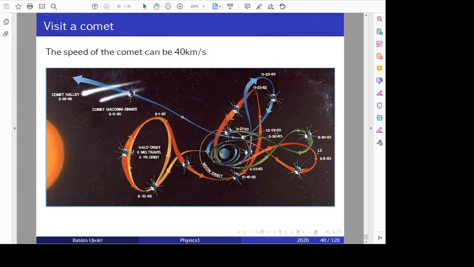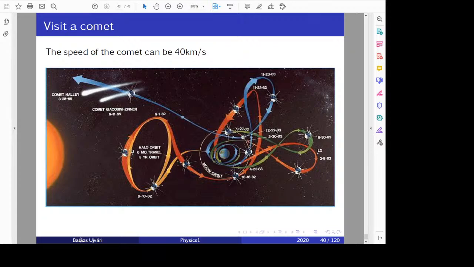One nice example: the comets come very, very fast, around 40 kilometers per second. It's very hard to reach that even outside the Earth, where there is no air resistance and so on.